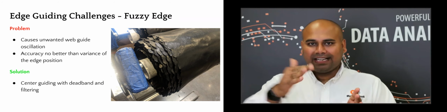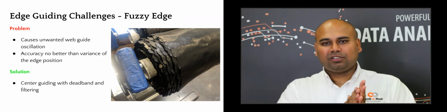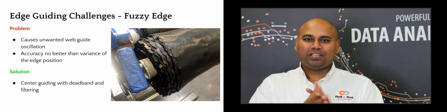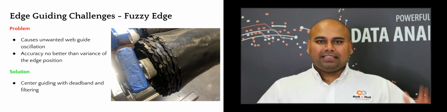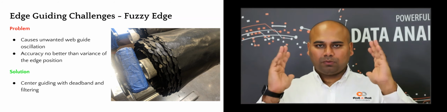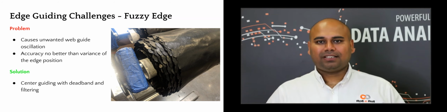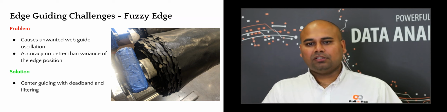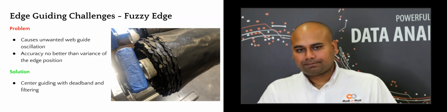Basically, if you have an idea of the profile of this varying edge, based on that you can create a deadband value and filter the edge position, so that the steady state or gross position of the web would be at a fixed location. And even when the edge measurement is not that great, you can still have the web guide not oscillate.